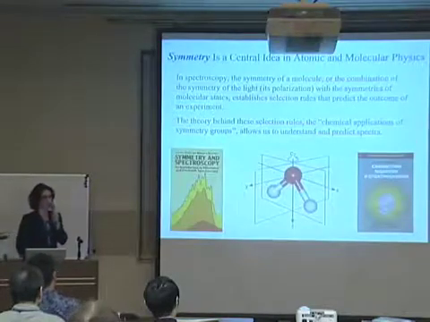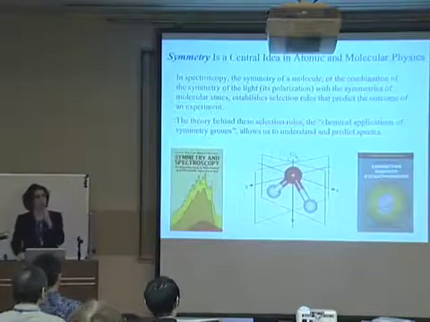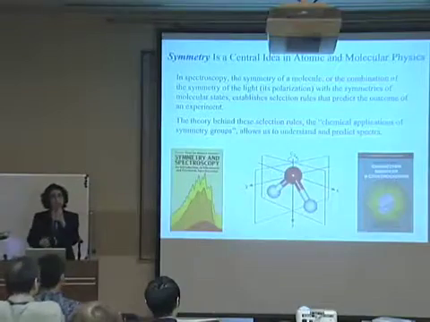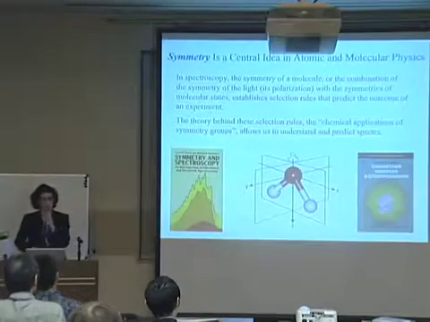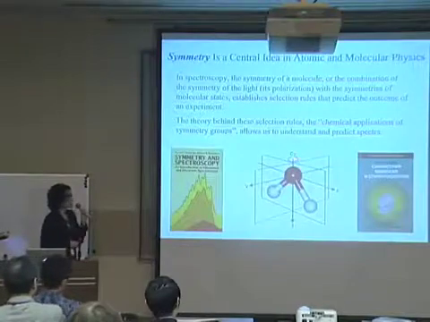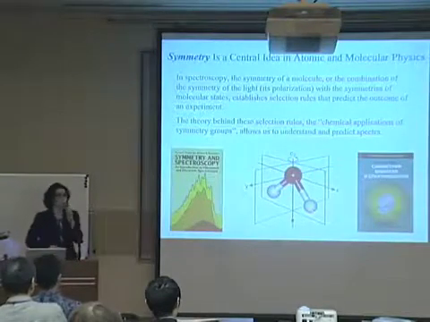All right, symmetry. Yesterday, Dr. Cho mentioned how important symmetry was in brain processes. Well, let me tell you, in atomic and molecular physics, symmetry is extremely important as well. So let's look at this molecule here. It represents a molecule of water, right? Oxygen and the two hydrogens. What is symmetry?